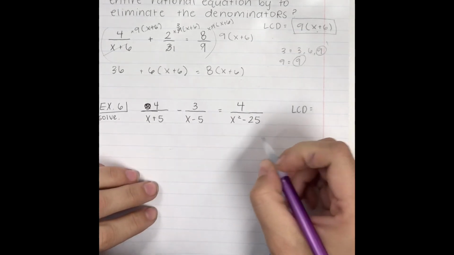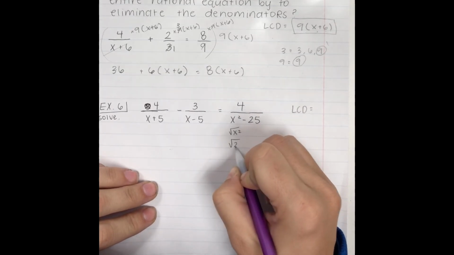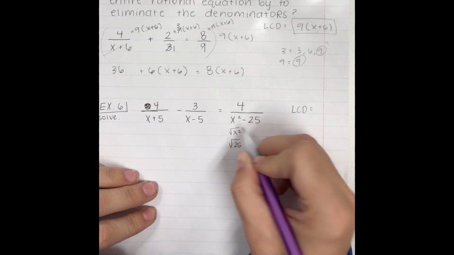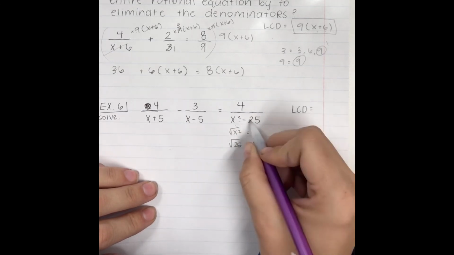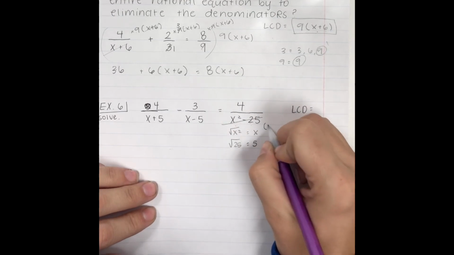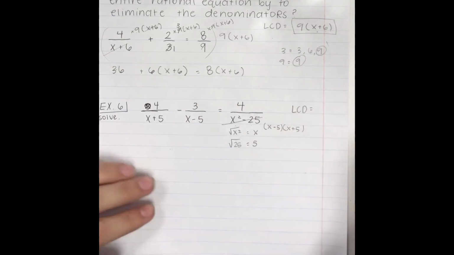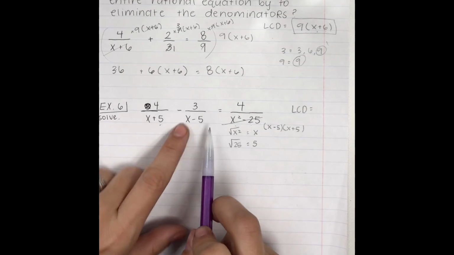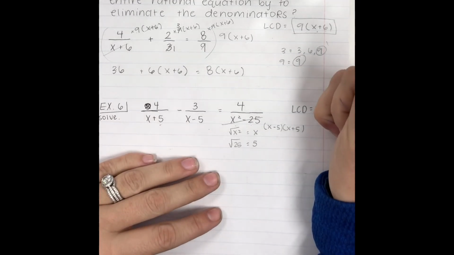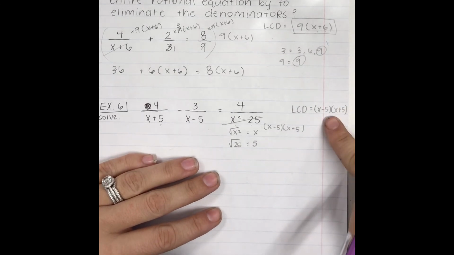If you remember, difference of squares means you take the square root of both of those terms, because you know the square root of both, and you get an x, and you get a 5. So we are going to rewrite this to be x minus 5 and x plus 5, which works out perfectly because we have an x plus 5 and an x minus 5 here, which means my LCD is going to be x minus 5 times x plus 5. Okay?